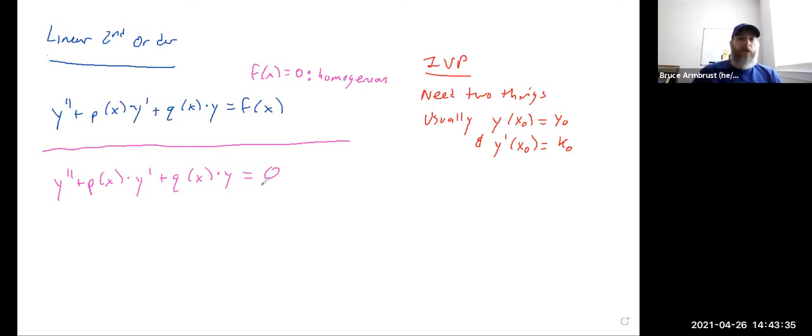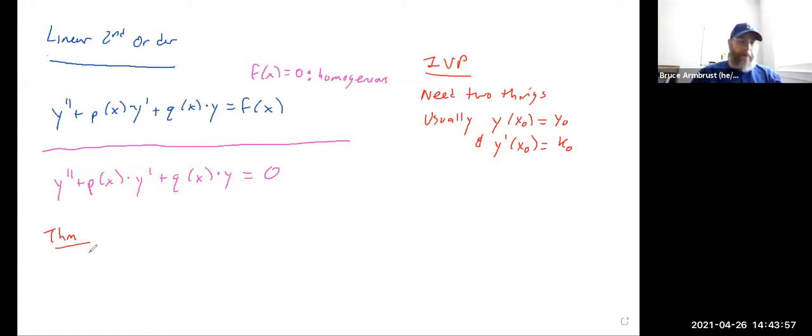Okay, so suppose that we've got an initial value problem like this. It turns out that there's a really easy way to see if you have unique solutions. All right, and so this is a theorem for you. We're not going to prove it, at least not today.